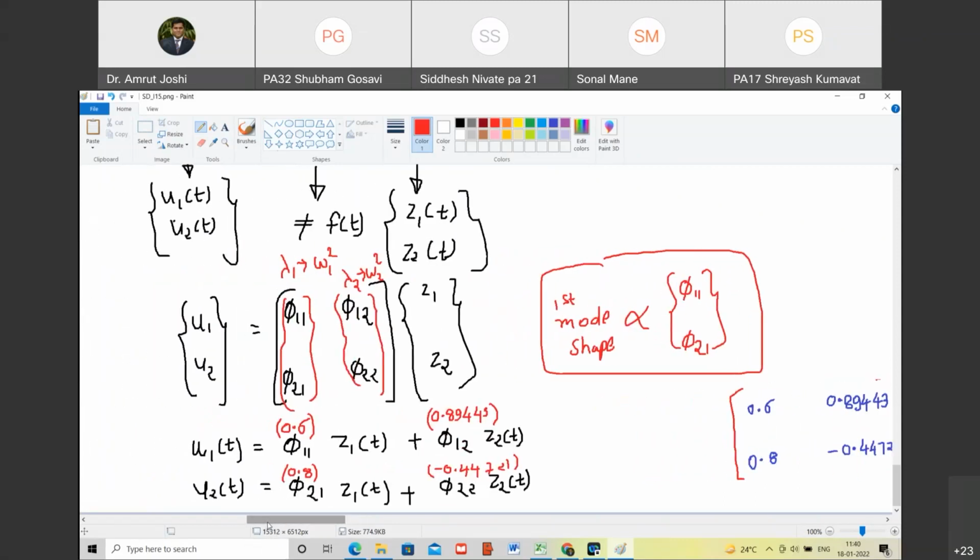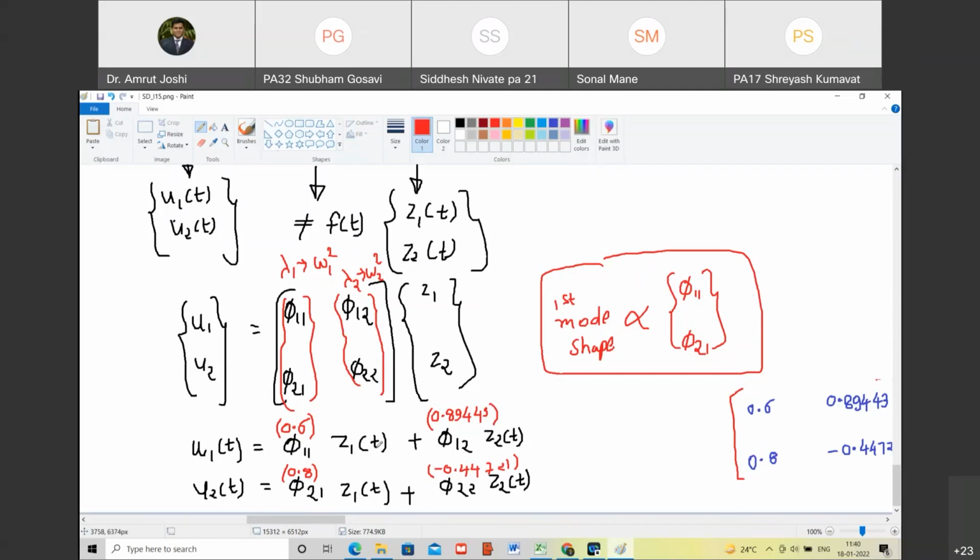Yes, sir. So, if you disturb a system initially, ultimately the second terms, phi 12 into Z2 of t and phi 22 into Z2 of t, are going to become 0 at a faster rate. And you will receive the response only from phi 11 into Z1 of t and phi 21 into Z1 of t. Are you with me? Yes, sir. Now, Z1 of t and Z1 of t are going to have the same value at a given instant of time.